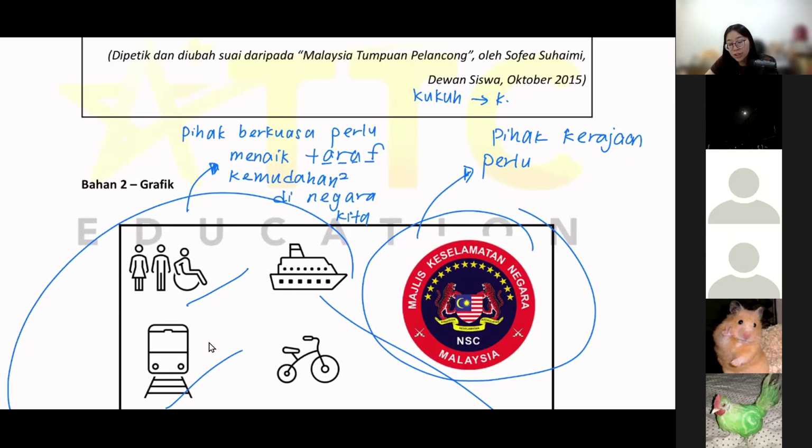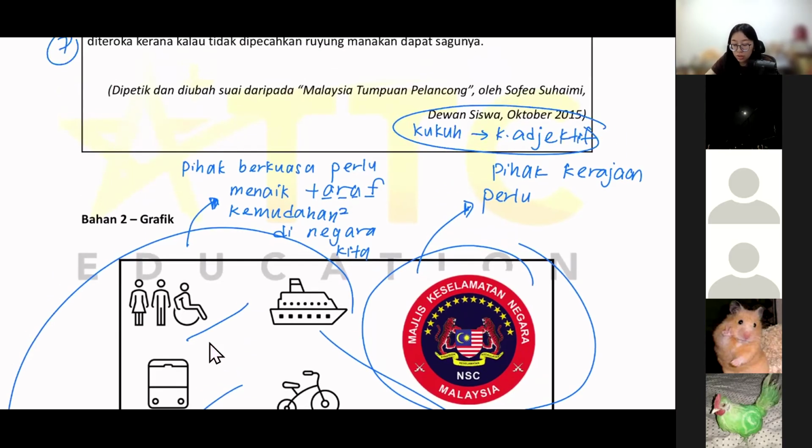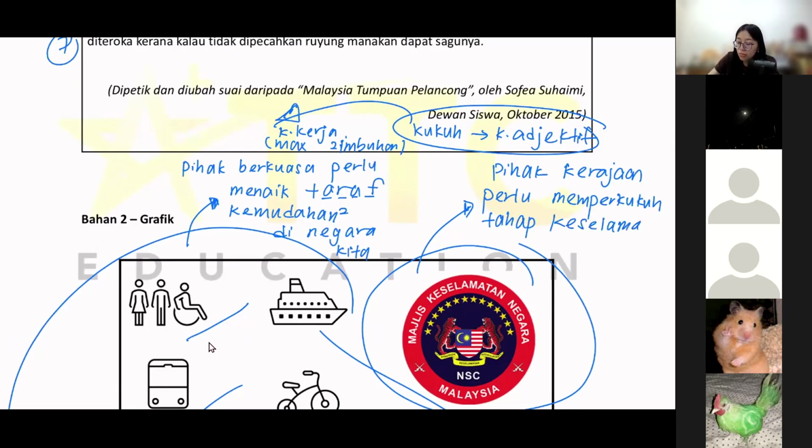So it's actually kata adjektif. So kata adjektif, when changing to kata kerja, maximum they can only accept 2 imbuhan. So become memperkukuh. So pihak kerajaan perlu memperkukuh tahap keselamatan, the level of safety, di negara kita.